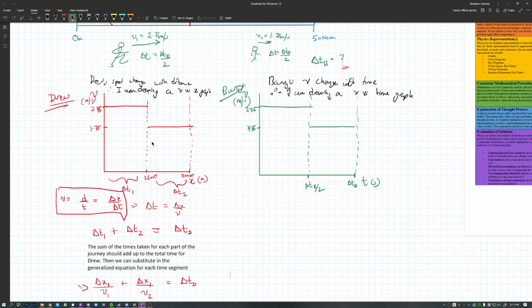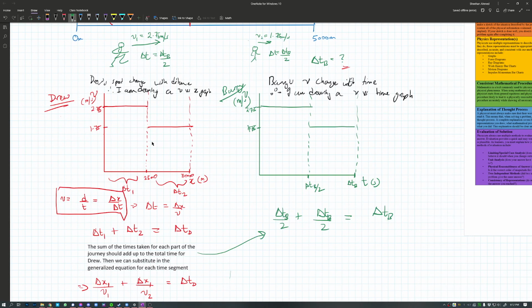Barry's one, well, we could take the exact same thing. We could say delta TB over 2 plus delta TB over 2 is delta TB. That's, again, very obvious. It is the same explanation over here as what we wrote on the left side. Now, how do we work with that?